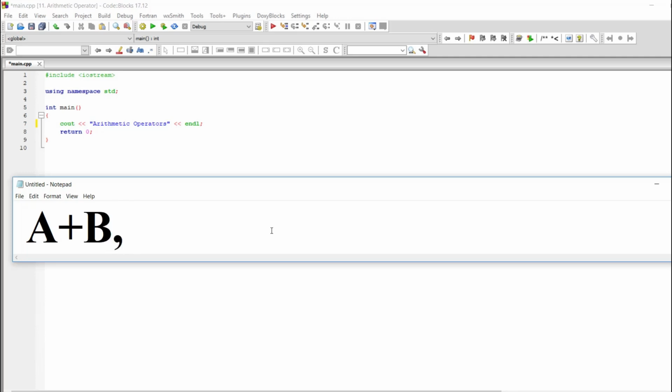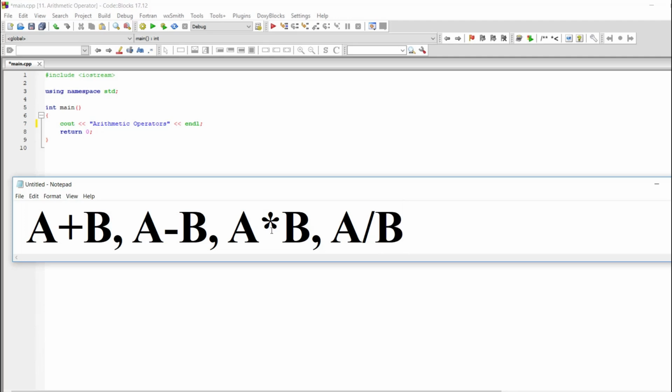Then you also have A minus B. So that is another arithmetic operator. And A multiply B. Then A divides B. And A modulus B. I hope it's more understandable this way. So we have five of these, and they are really very important to us.